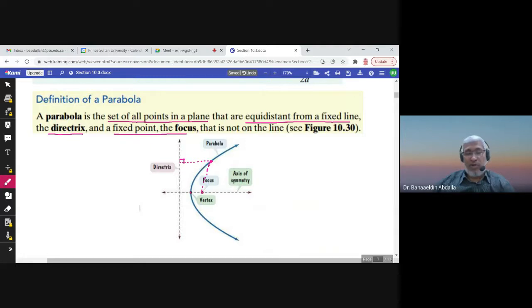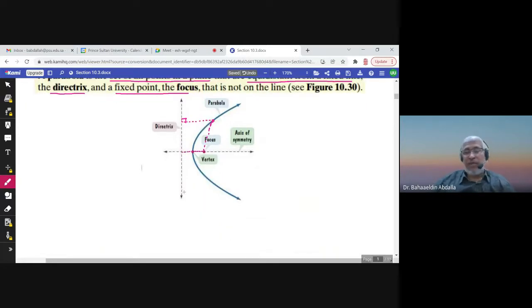This point also, which is the vertex, is equidistant from the focus and the directrix. So the distance from the vertex to the focus is equal to the distance from the vertex to the directrix. And we will call this distance absolute value of p.